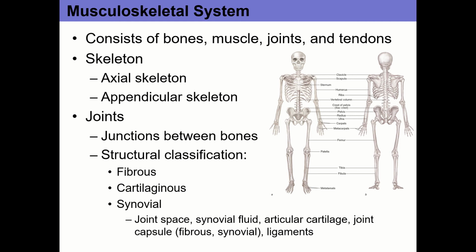So there's a lot of congruity between, for example, the frontal bone and one of the parietal bones, and they fit together kind of like puzzle pieces. In addition to fitting together closely, there are also some ligaments that help secure those bones together so that we don't get any movement. For the most part, we're not going to talk about fibrous joints in exercise science or strength and conditioning, because they don't move.